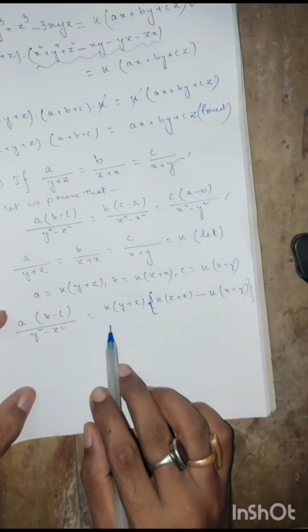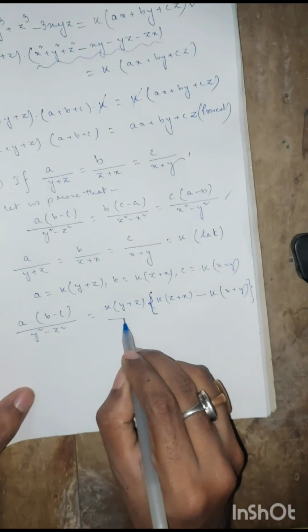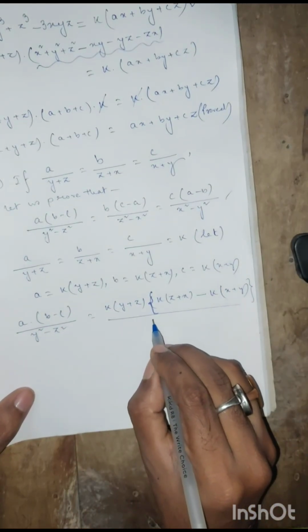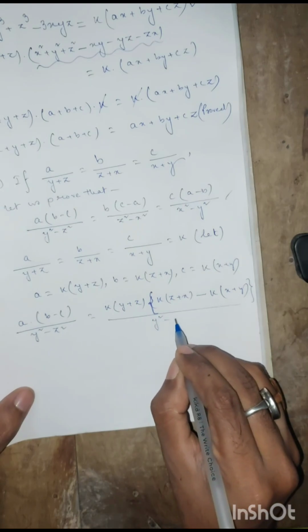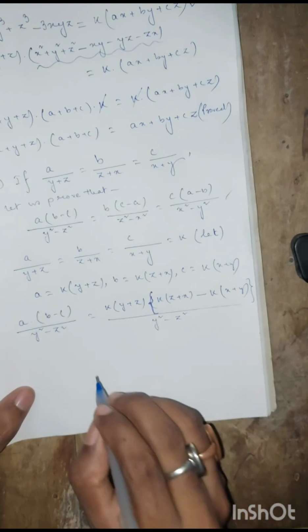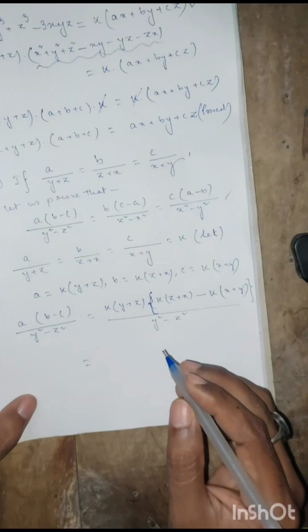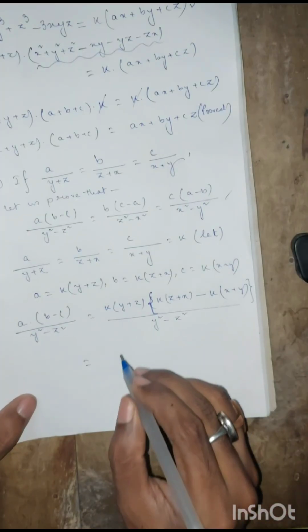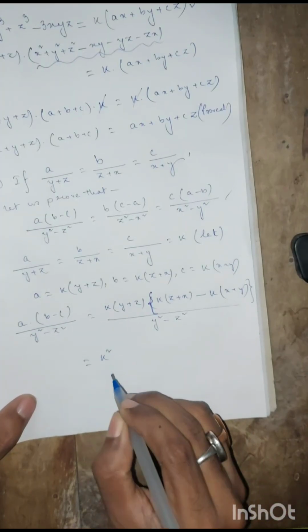So we have put the values of a, b, c, and in the denominator we are keeping the y square minus z square.